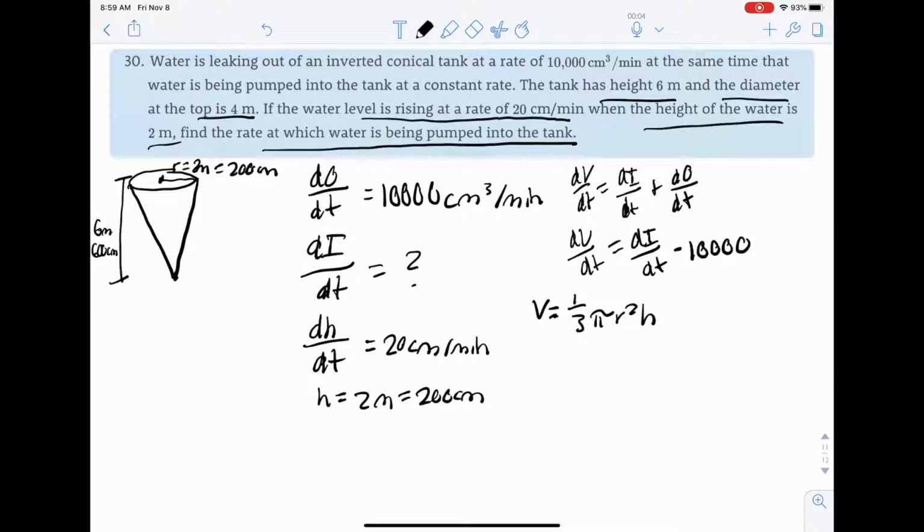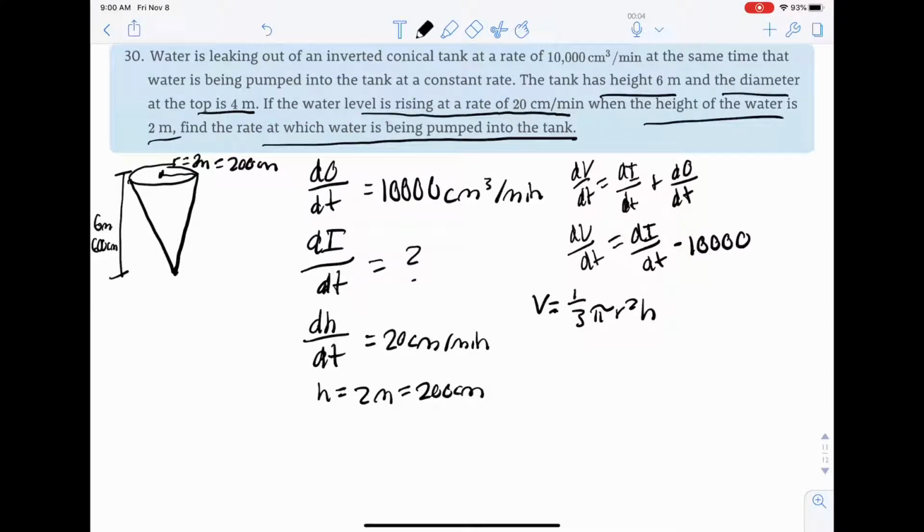So when we try to take the derivative of this, we're going to have dr over dt, which we don't have.